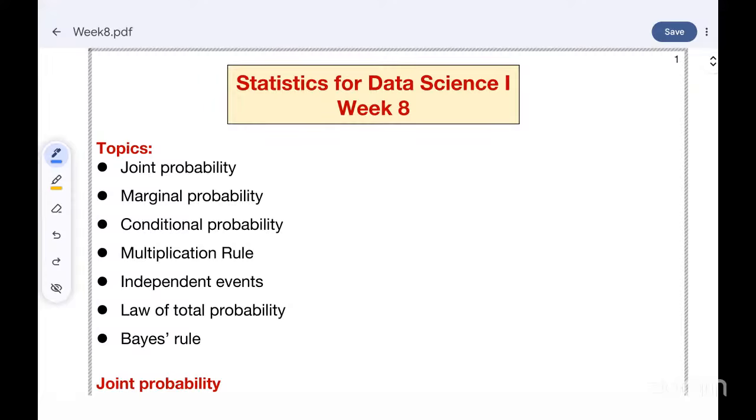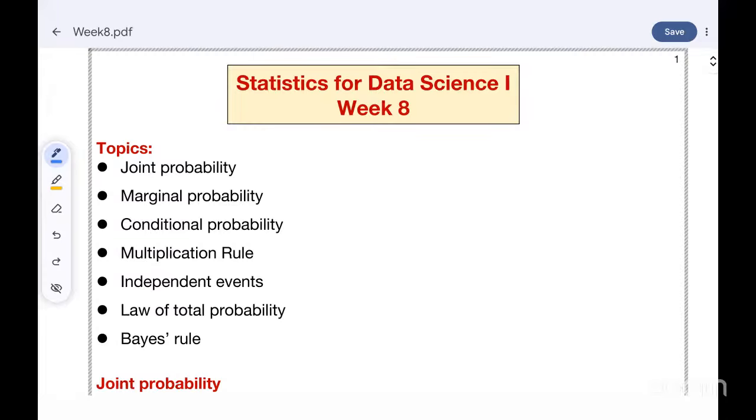So, let's start today's session. In today's session, we are going to see topics from week 8. In week 8, we are going to mainly look at the topic of conditional probability. I guess you all remember what a contingency table is. The first three topics we will see are mainly based on a contingency table.